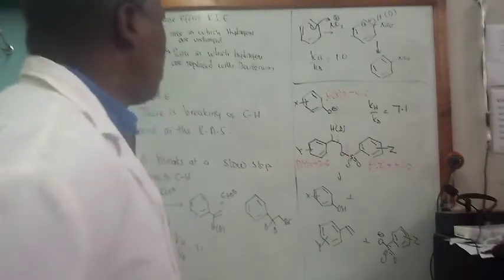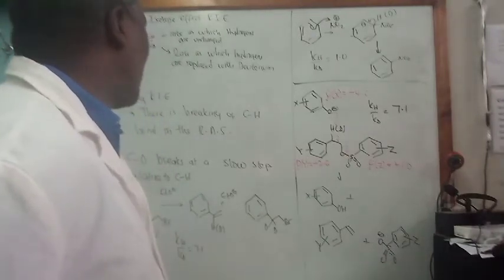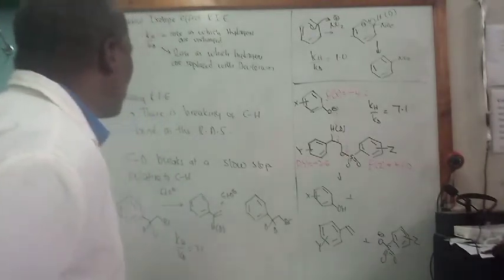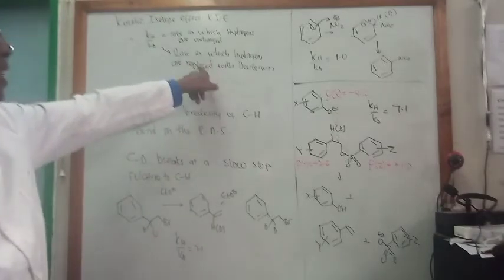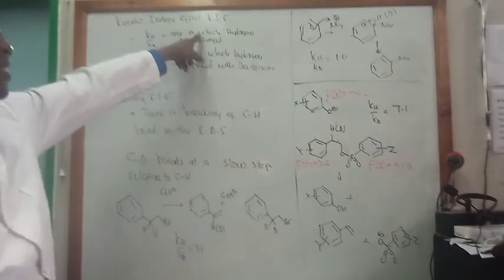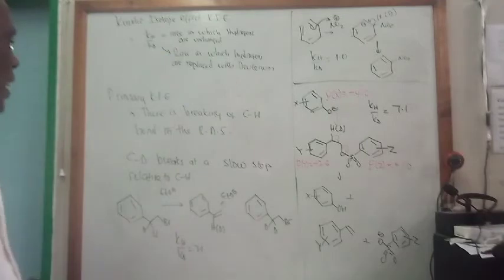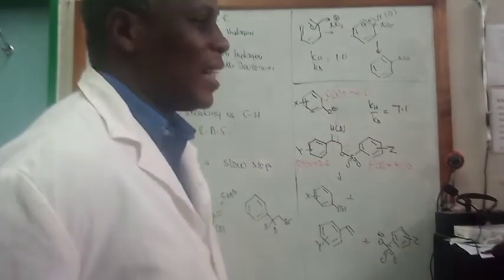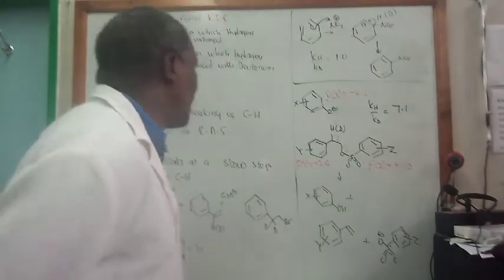So the value is always positive. You're comparing the rate in which the hydrogens are unchanged with the rate in which the hydrogens are replaced with deuterium. There are two types of kinetic isotope effect, and I'm going to illustrate here.